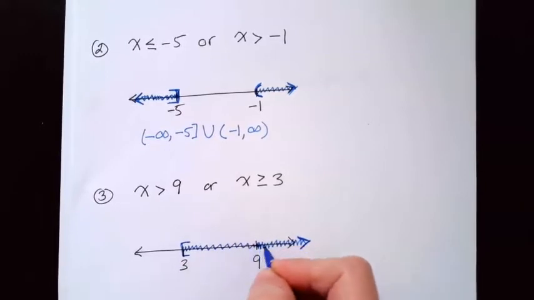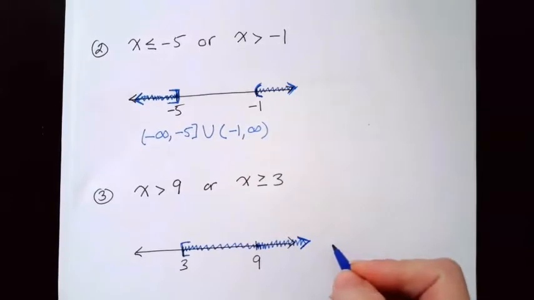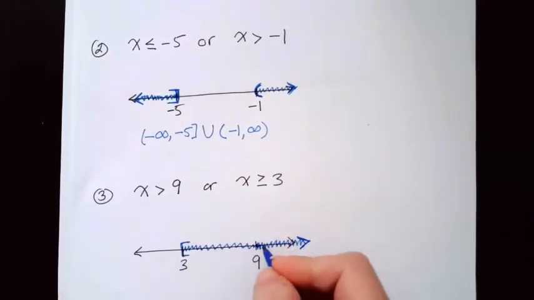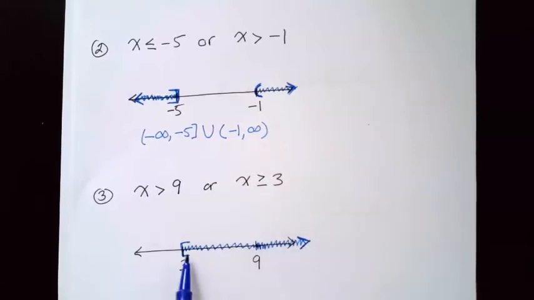So this shading is going to eventually match up with that shading and then keep on going. So the shadings would overlap here, but since it's an "or," any of the values that we've shaded in would work for this compound inequality because as long as it works for one, it works for the whole thing.